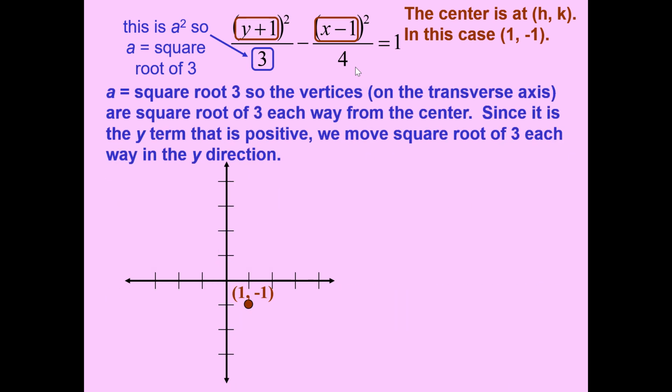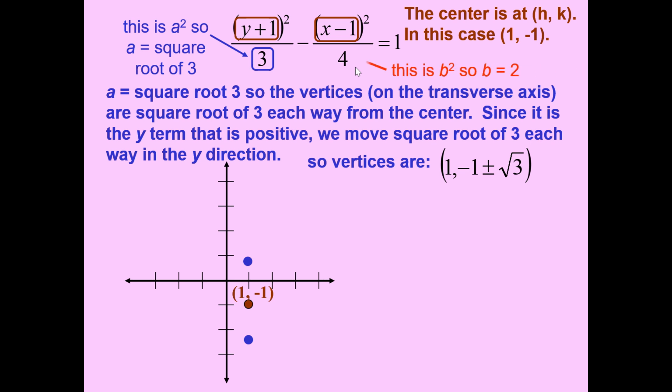So spread out along the y, we can go up the square root of 3 and down the square root of 3 for the vertices. b squared is 4, so b is 2.